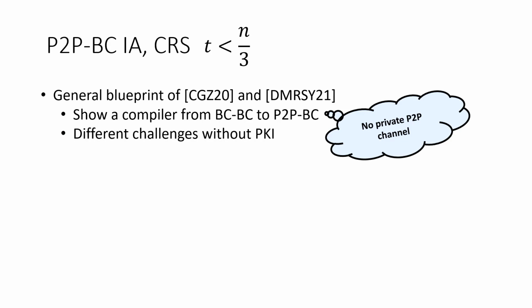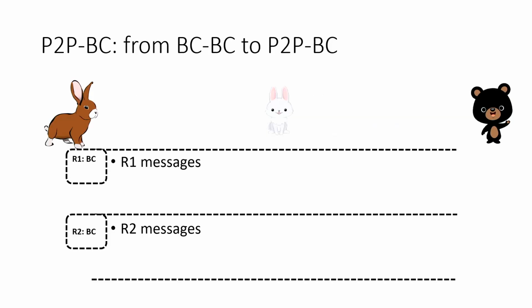Okay. So what is the general blueprint? I have a protocol that is over broadcast and achieves identifiable abort. And now I want to make a compiler which also allows me to run it when the first round is peer-to-peer. So the first question can be why I cannot just run this protocol when the first round is peer-to-peer.